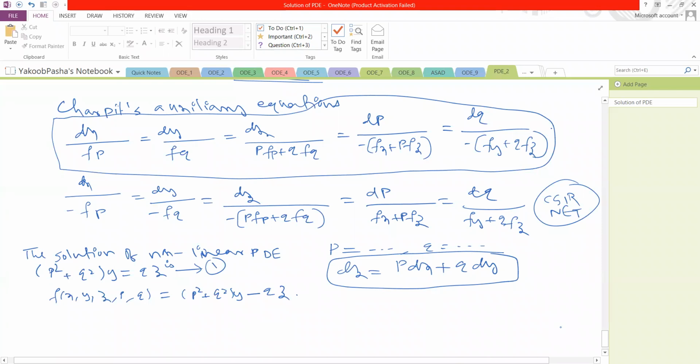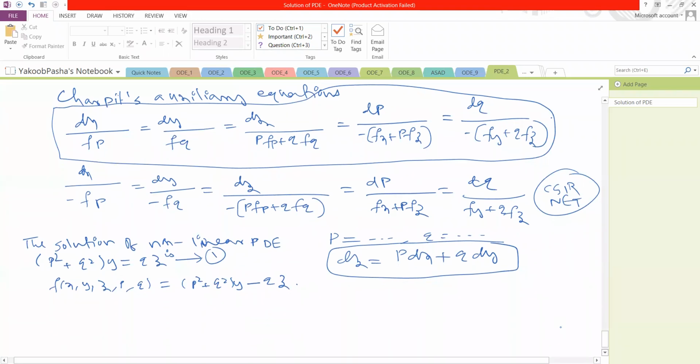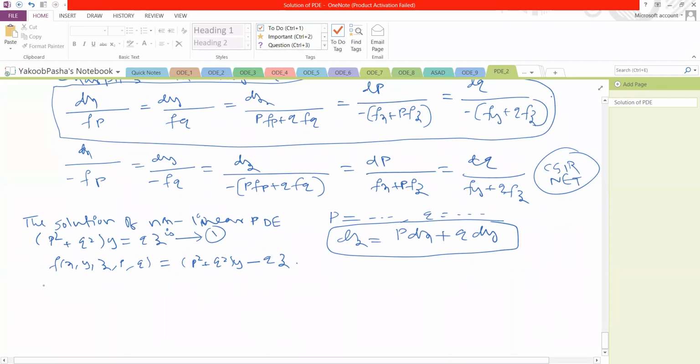So fx, fp are all partial derivatives. I am substituting one by one. dx by fp, the partial derivative with respect to p, is 2py, is equal to dy by fq, which is 2qy minus z, is equal to dz by p fp plus q fq.